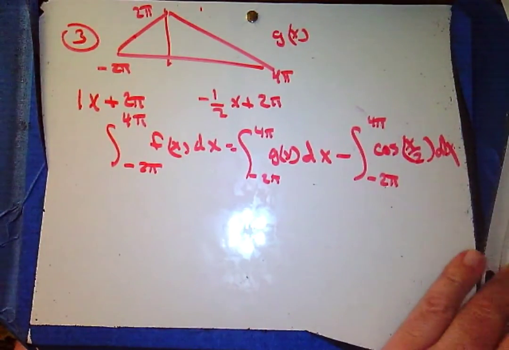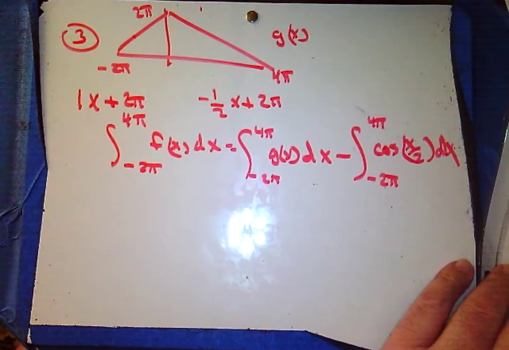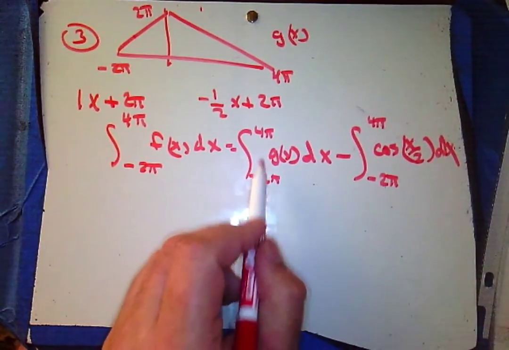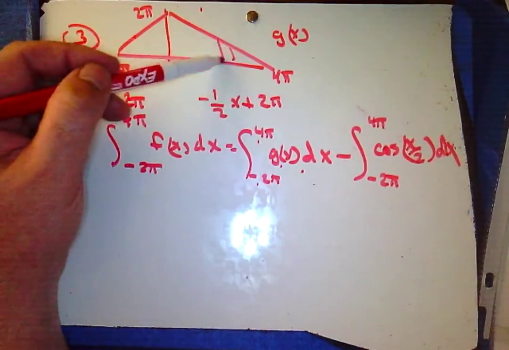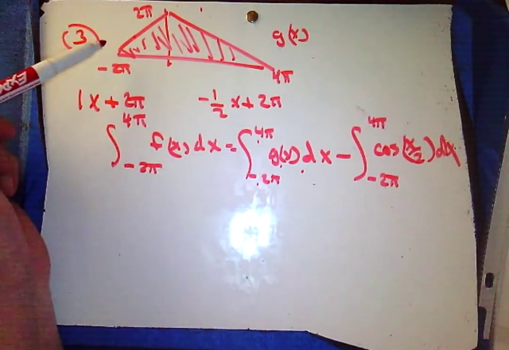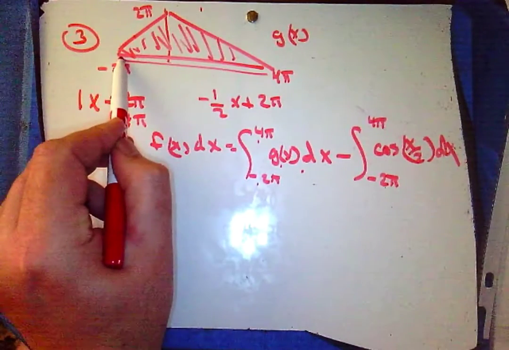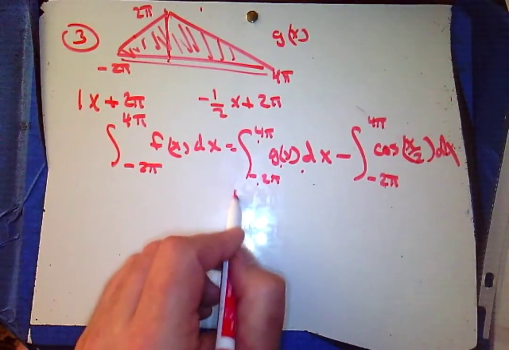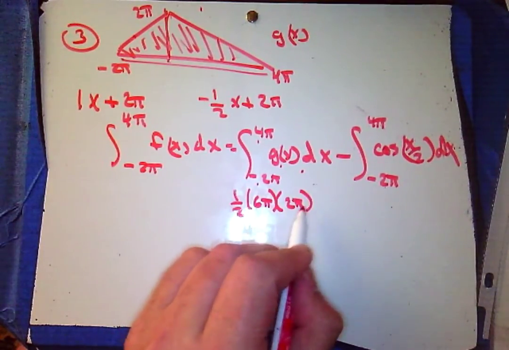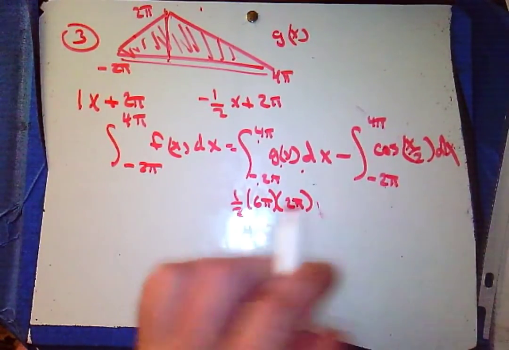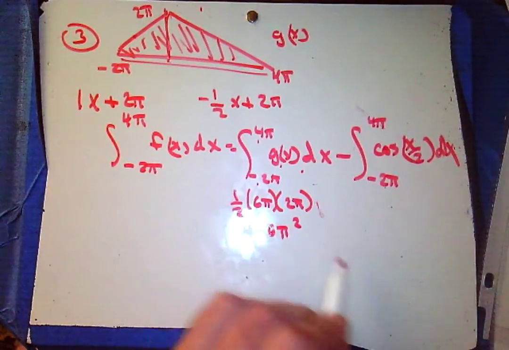This is without calculator, so I need to put my thinking hat on. The integral of g is the area of this triangle. The base is 6 pi, the height is 2 pi. I get 1 half times 6 pi times 2 pi, or 6 pi squared.